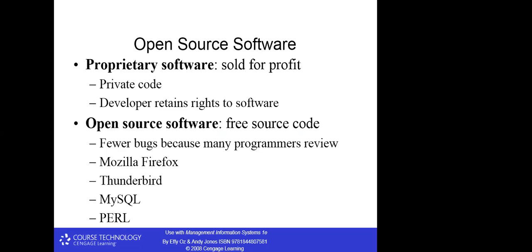Then we have software that is proprietary and software that is open source. Proprietary software is mostly sold software and it is owned. So the developer will have a private code to it, and the developer has the right to the software.